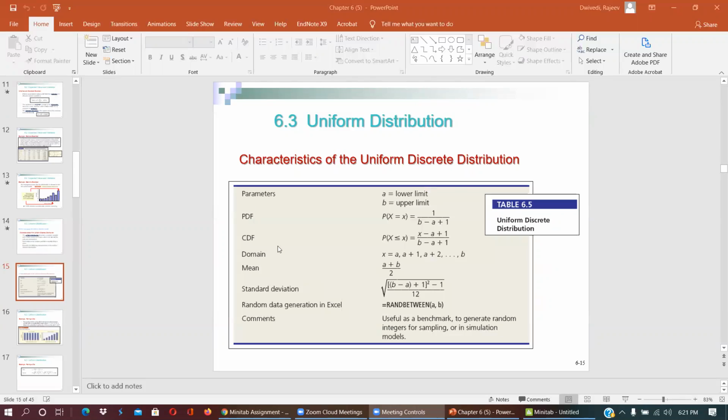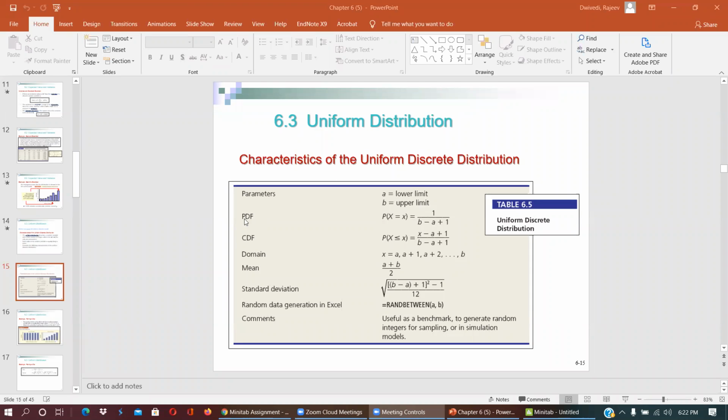Here, for example, you will see in each distribution, this is the summary of the distribution. So for example, look into this. Parameter A is the lower limit, B is the upper limit.